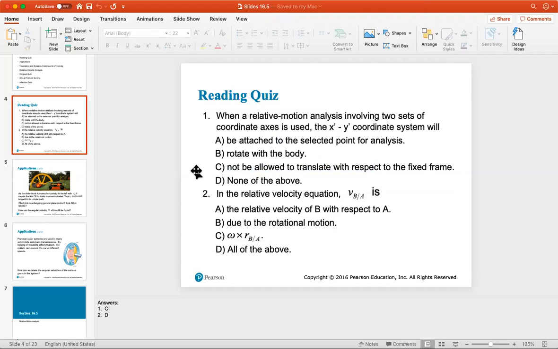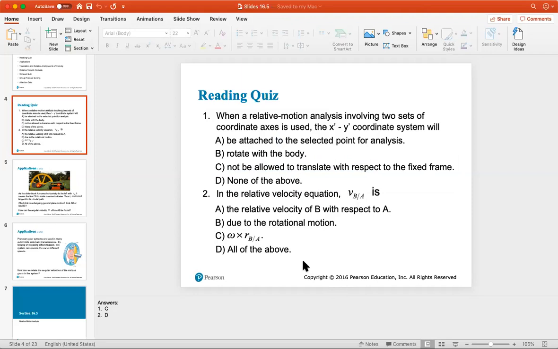Okay, so now in this relative velocity equation, when they say relative velocity, what they're saying is the relative velocity of a point in the object relative to the basis point, the X prime, Y prime coordinate system.